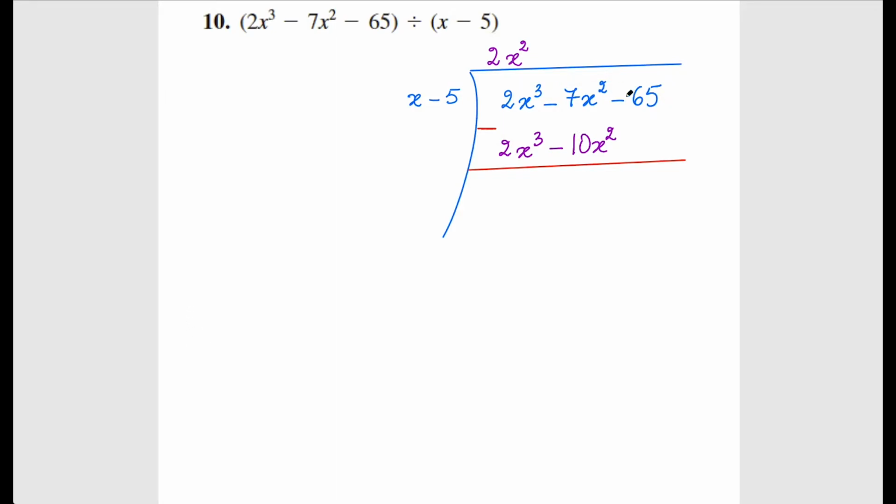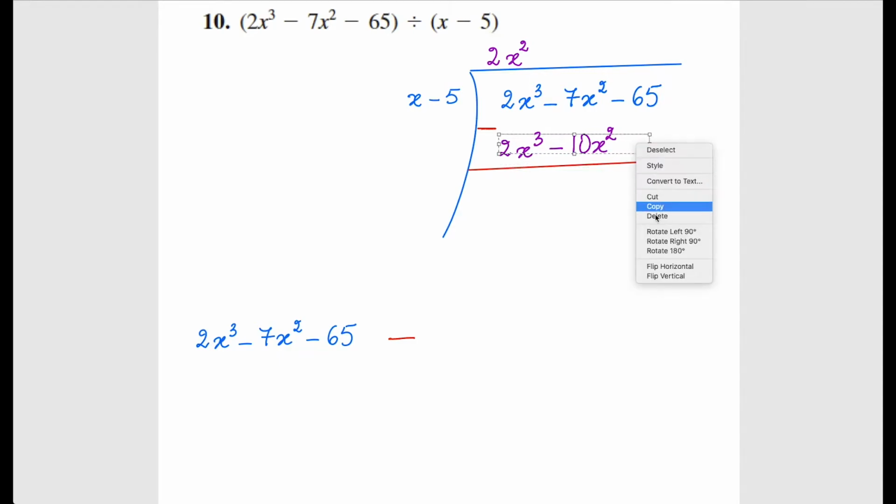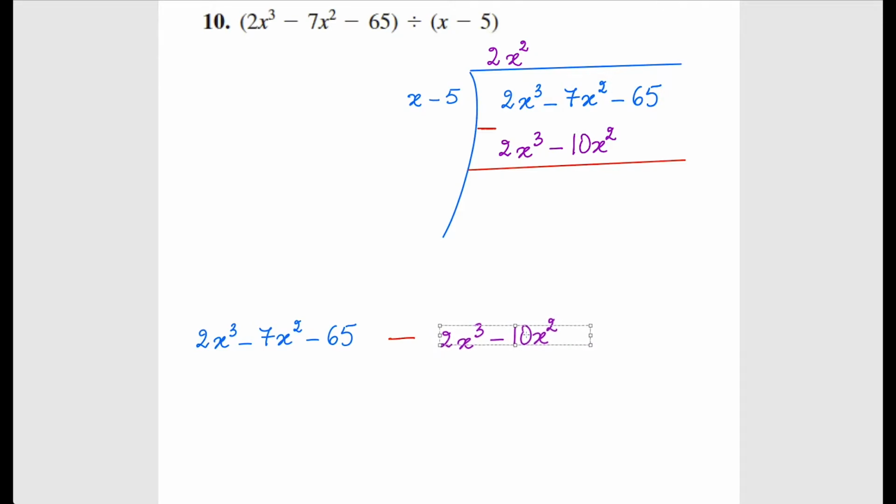I'm taking the blue polynomial, and I'm subtracting from that the purple guy. This is what's happening here in vertical fashion. But the whole package here and the whole package here, from the entire blue guy, I'm subtracting the entire purple guy. So I get this. And let's do it in a horizontal fashion.